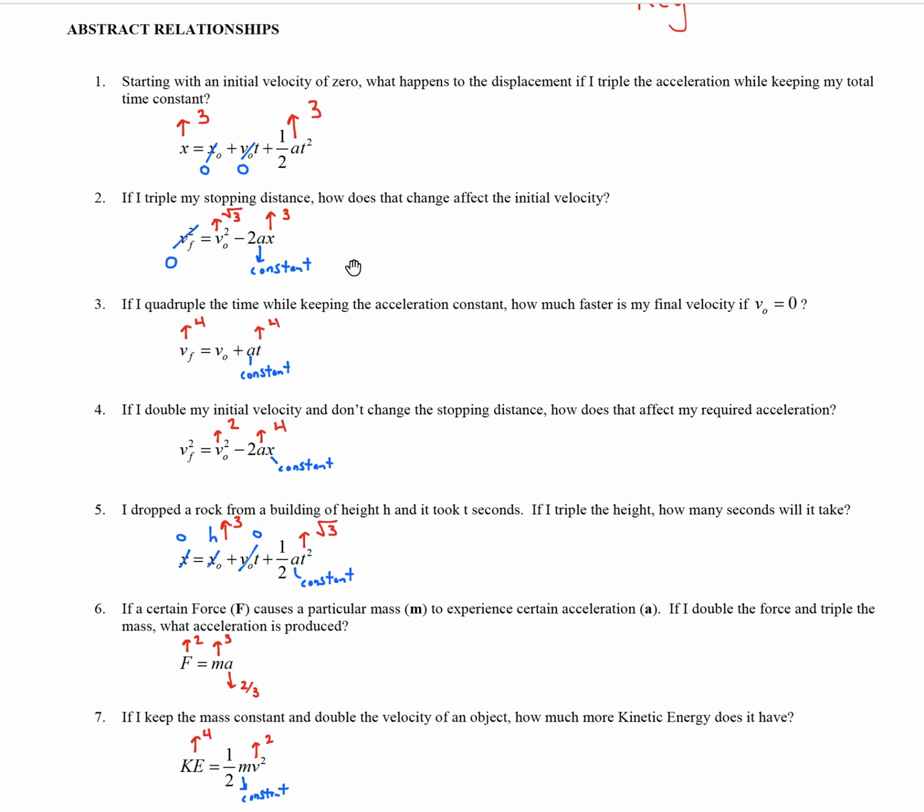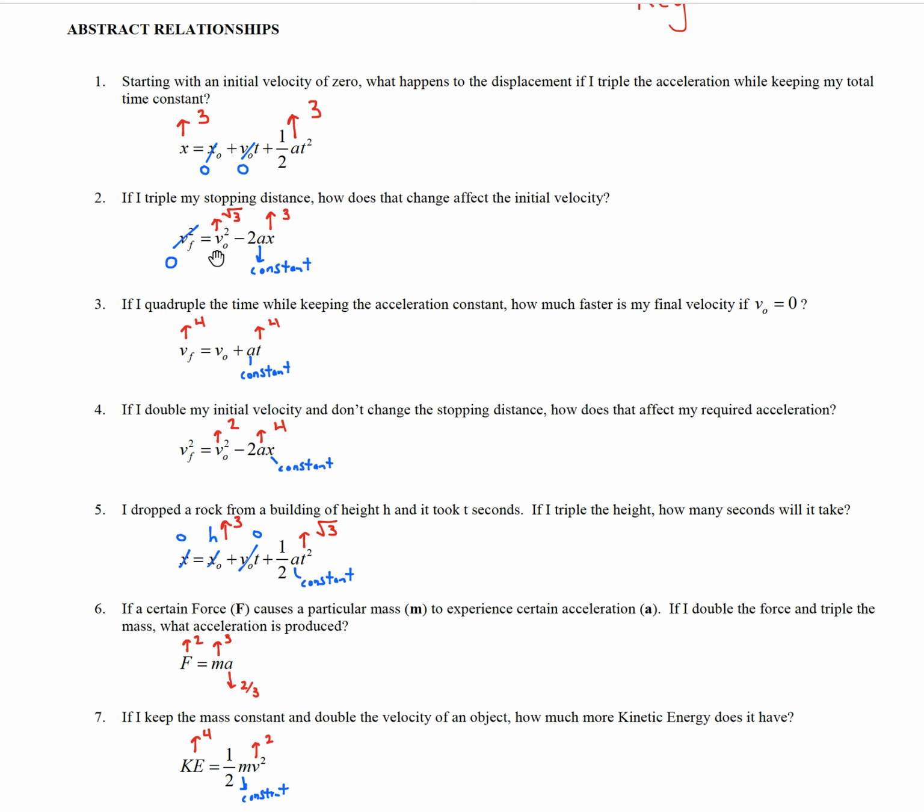Okay, do we agree that if I triple the distance I get, I can actually drive faster at the beginning? So my initial velocity certainly goes up, but the question is, by what factor? And you've got to see here, x is related to v squared. So if you triple x, you can only multiply v naught by the radical 3, because whatever factor you multiply v by, it gets squared before relating to x.